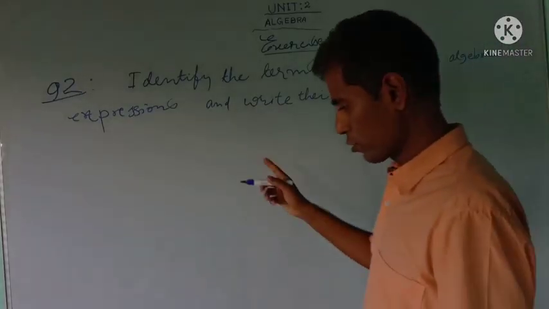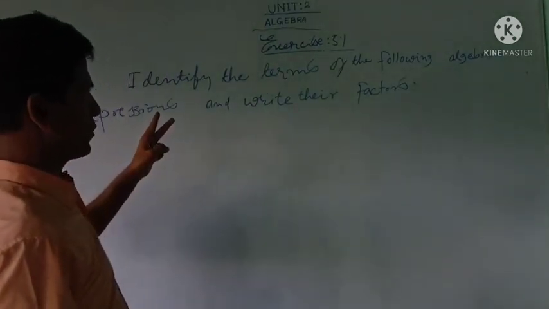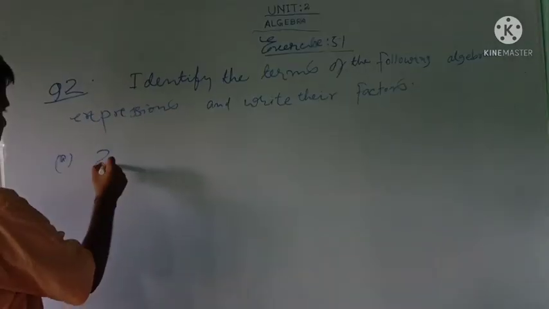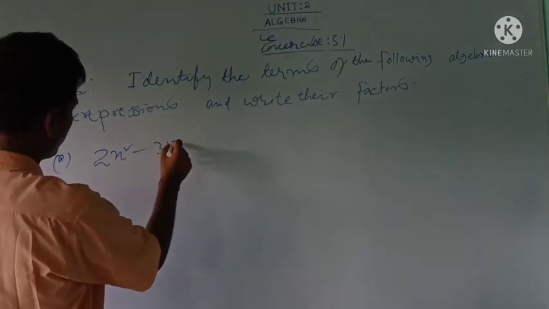Well, children, now I'll solve question number 2. Identify the terms of the following algebraic expressions and write their factors. Twice x squared minus thrice y plus 7.